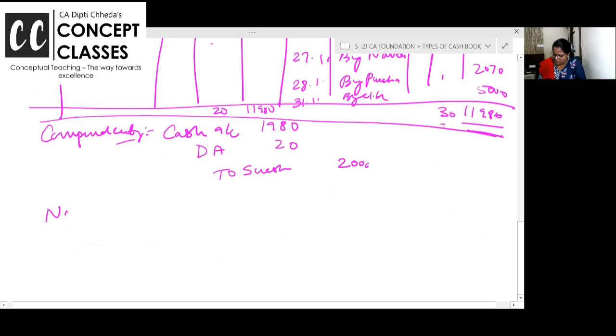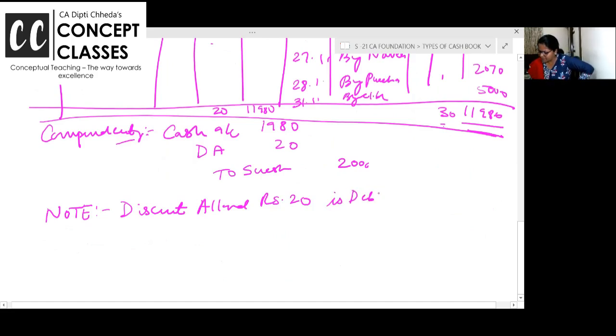Write down the note. Note. Discount allowed. This you have to write in exam also. Discount allowed rupees 20 is debited in discount allowed ledger.